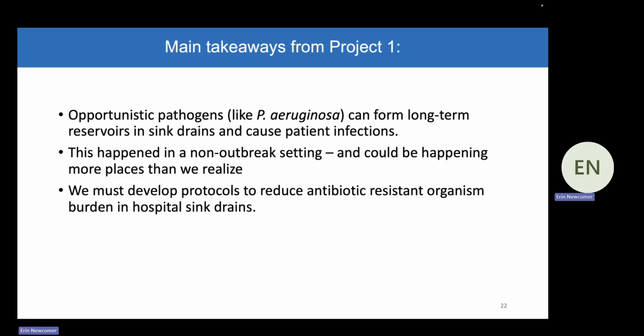Many different outbreaks have been published of transmission and contamination from sink drains in outbreak settings, but in this case, this was not a known outbreak setting. So what we are observing is that this could be happening in more places than we might currently realize. Because of this, we need to develop protocols to reduce antibiotic-resistant organism burden in hospital sink drains, because it can be causing these patient infections.